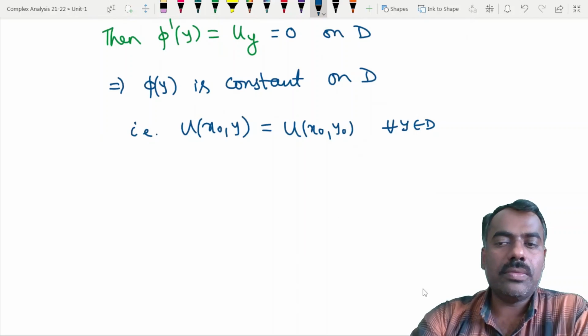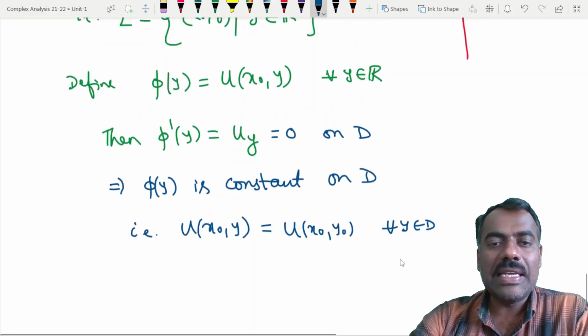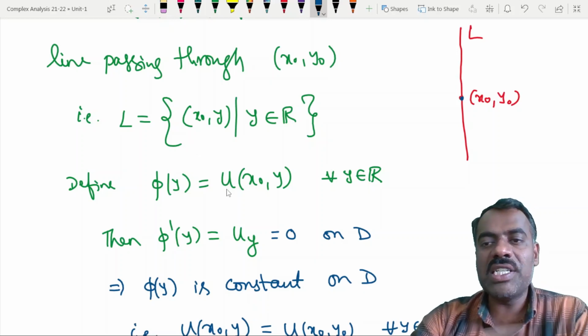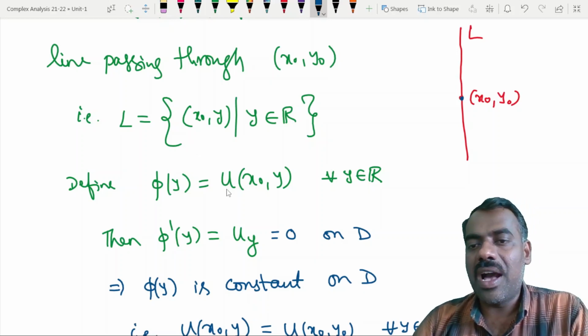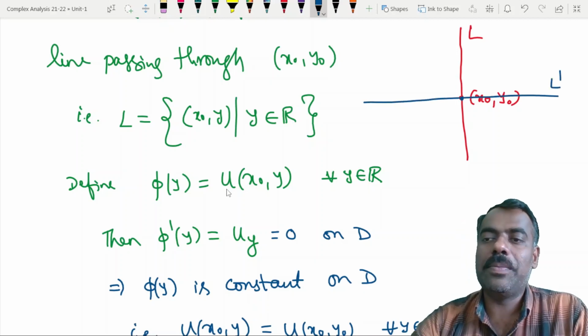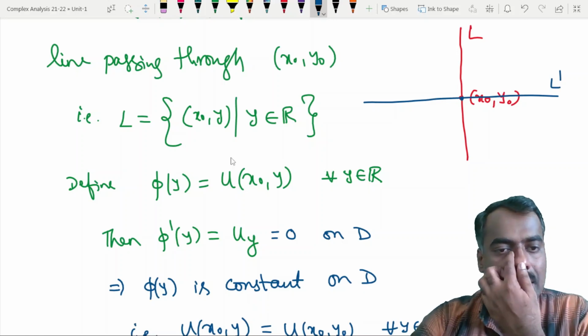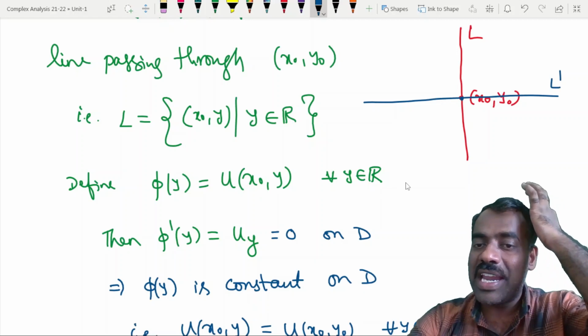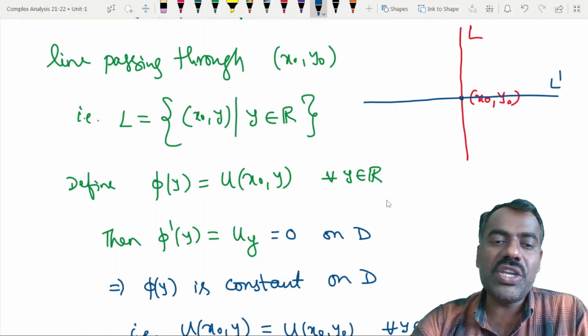Now, similarly, by taking a horizontal line passing through the point x naught comma y naught, you can call it L prime, and defining a new function psi of x as u of x comma y naught, then ux is 0.